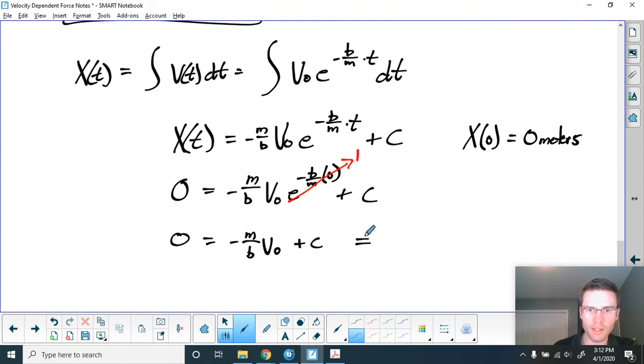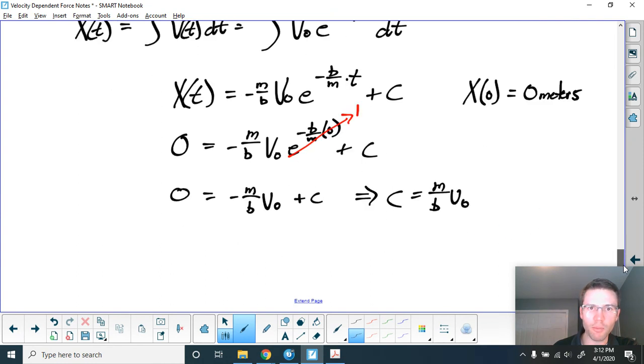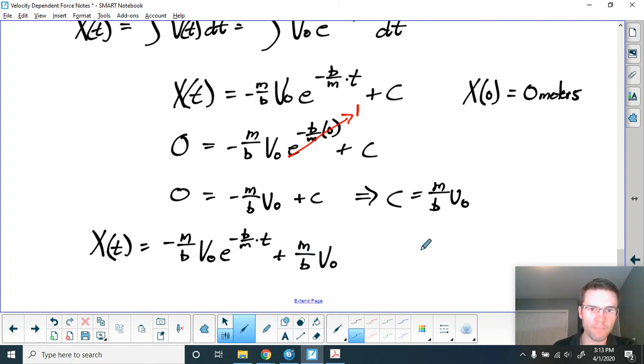And it's pretty easy to see here, c is equal to a positive m over b v0. And that can be plugged back into our expression, and we get x of t equals negative m over b v0 e to the negative b over m times t. That's this right here, plus our c, m over b v0. And that would be your function of x.